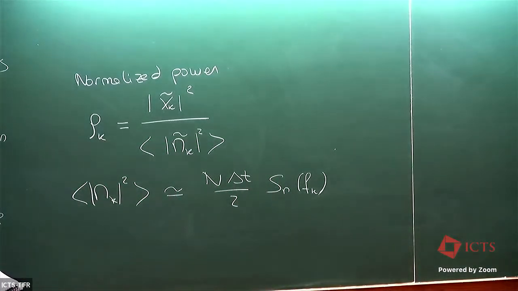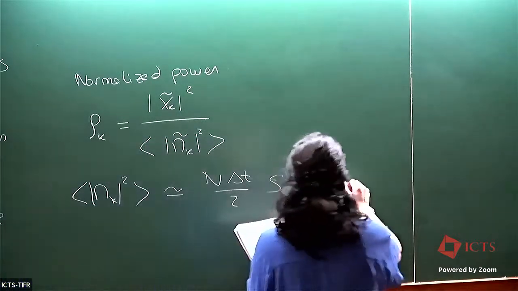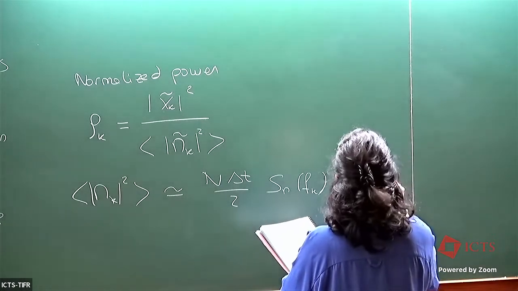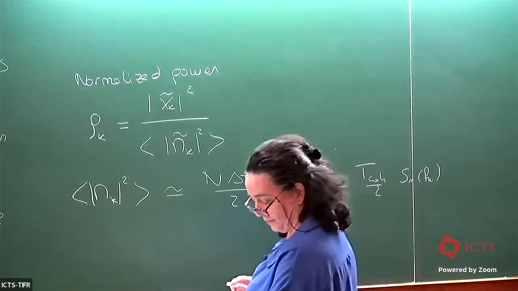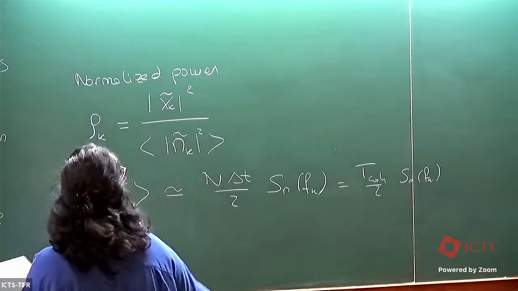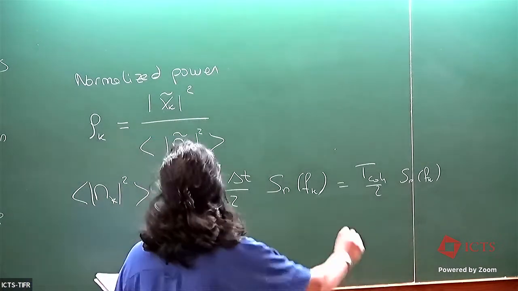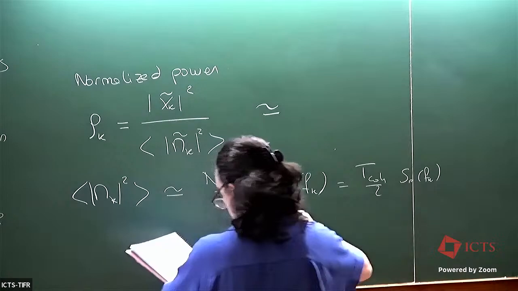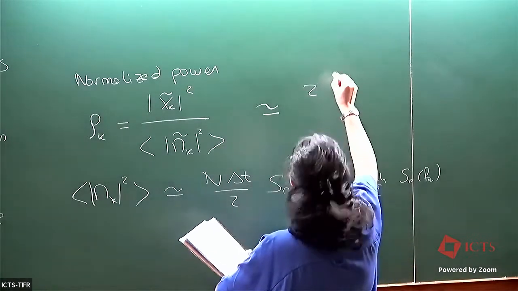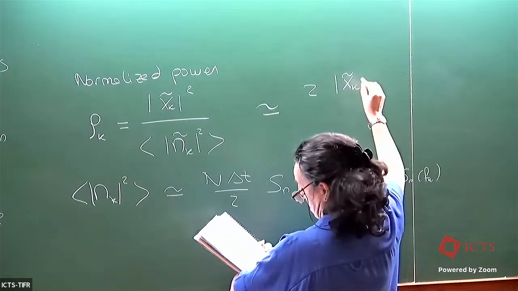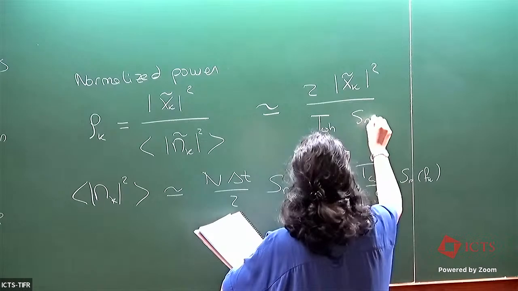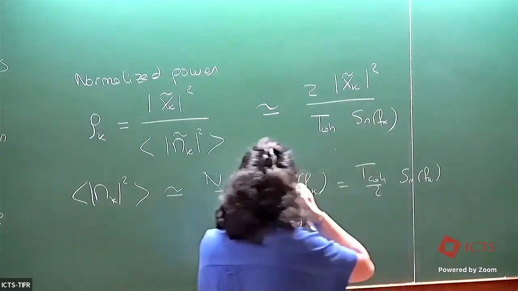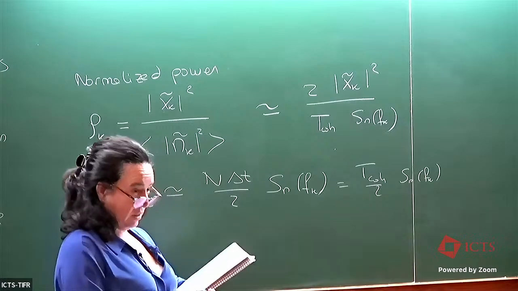This is not exact, this is just an approximation. And then this quantity is T coherent divided by 2 Sn of Fk. So basically, the normalized power can be approximated to 2 times xk.